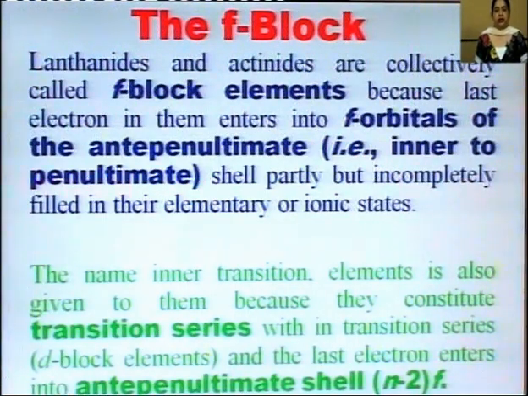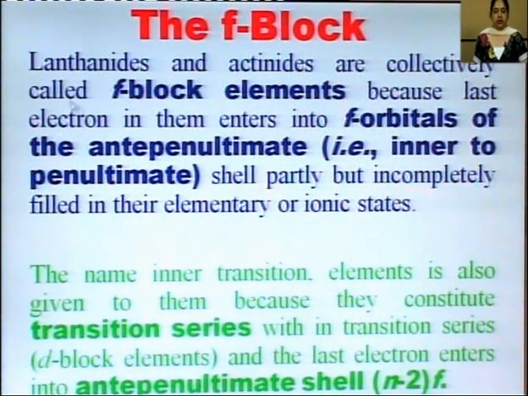Lanthanides and actinides are collectively called F block elements because the last electron in them enters the F orbitals of the antepenultimate shell, that is, inner to the penultimate shell, partially but incompletely filled in their elementary or ionic states.